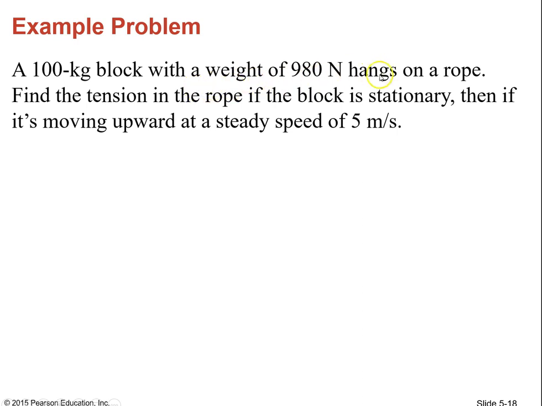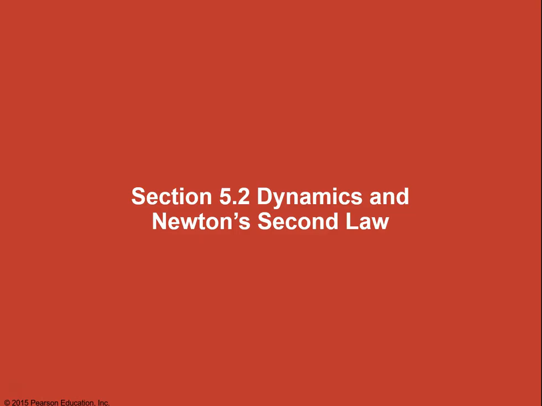Because it's hanging stationary, the tension of the rope needs to be 980. If it's moving upward at a steady speed, again, no net force. So that force also has to be 980 newtons.